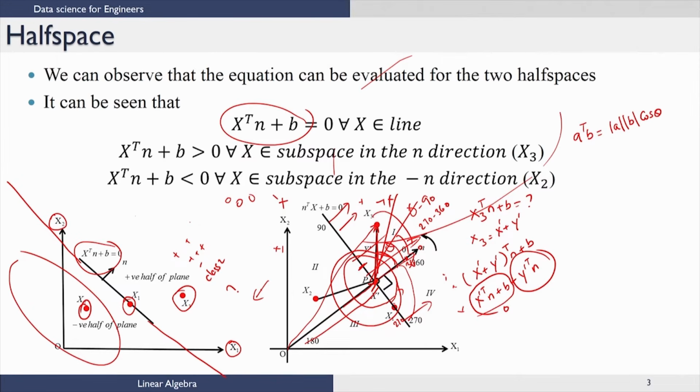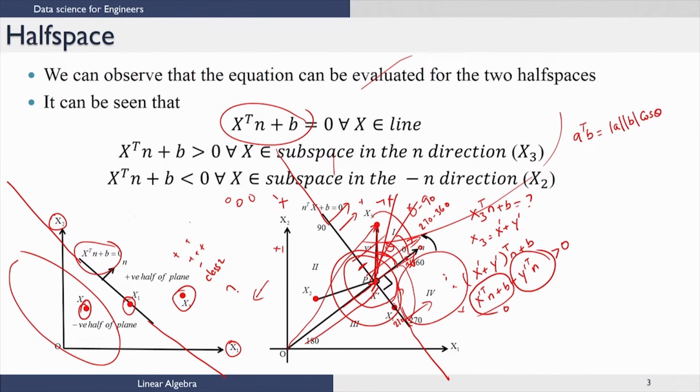So, A transpose B is going to be positive, that means this is going to be positive. Now, when you get to points here, then the angles are going to be between 270 and 360, which is in the fourth quadrant, again using the same rule, all silver teacups. The fourth quadrant is C, cos, so cos is going to be positive. So, again you have A transpose B being positive. So, irrespective of where the point is to this side of the line, when I take this x3 transpose n plus b, I am always going to get a positive value.